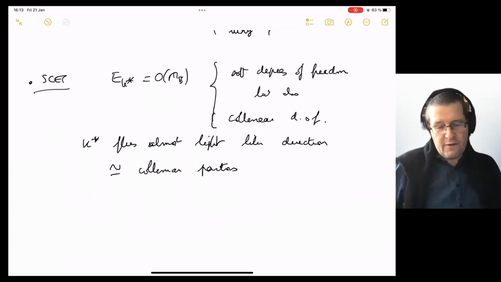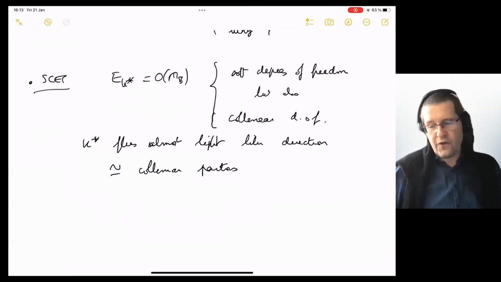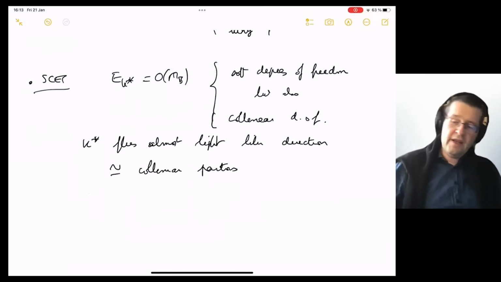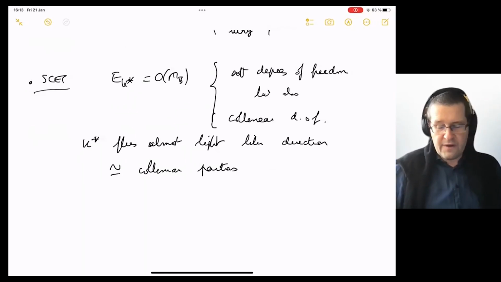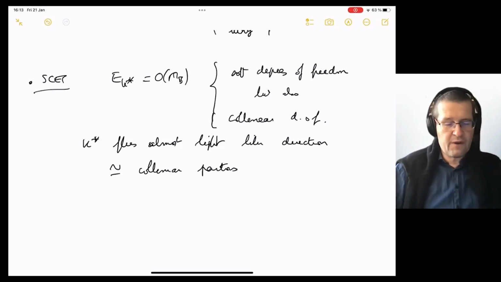As a first approach you can describe the physics involved as soft and collinear degrees of freedom, and the collinear partons will feed a K star, a good first start, with 1/MB corrections afterwards.